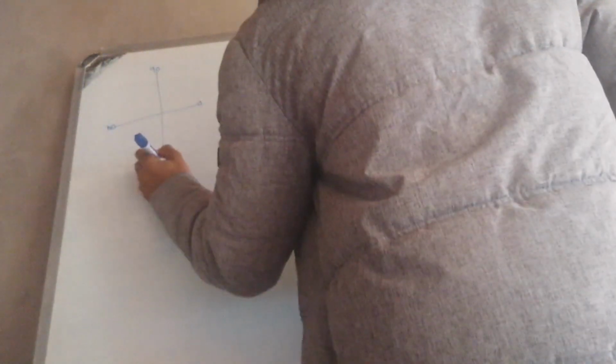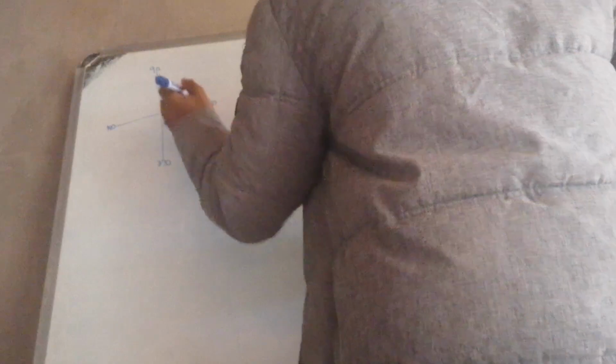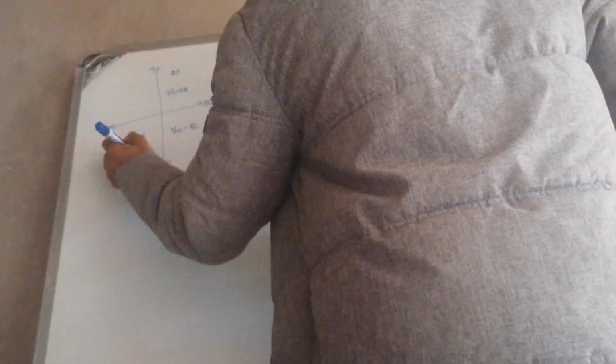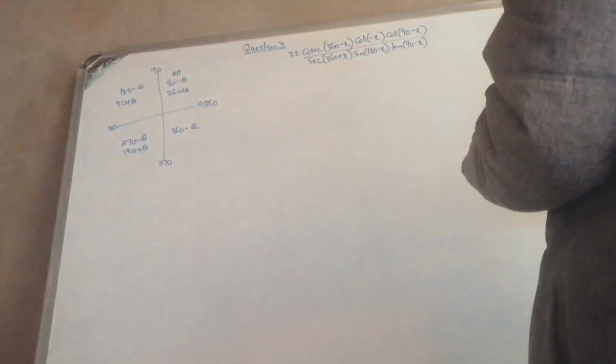Now I'm going to take you through a Cartesian plane so that I can remind you of some of the fundamentals that you need to understand when it comes to the cosecs and secs and everything. The Cartesian plane would be 0, 90, 180, 270, 360. They are all positive. 360 plus, 360 minus, 270 minus, 180 plus, 180 minus, 90 plus and 90 minus.